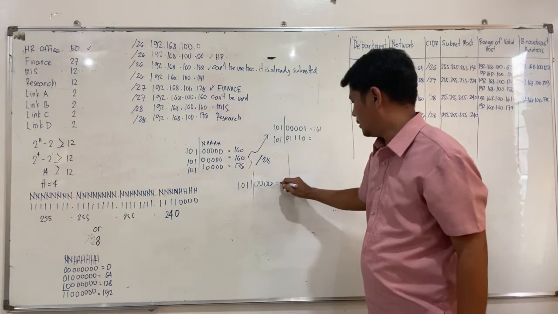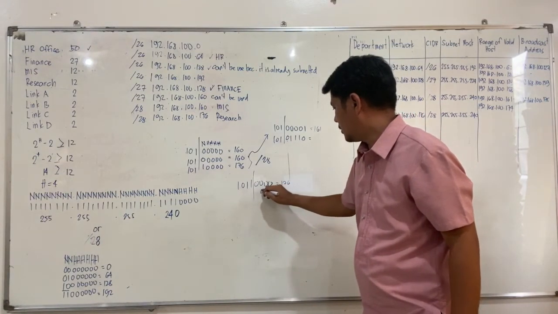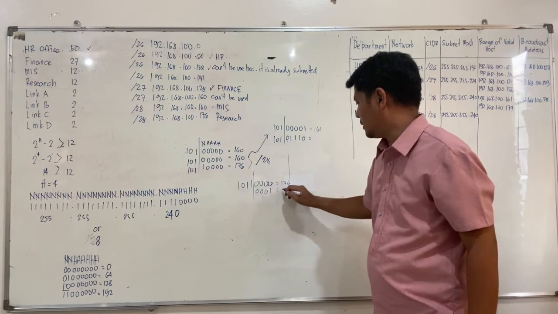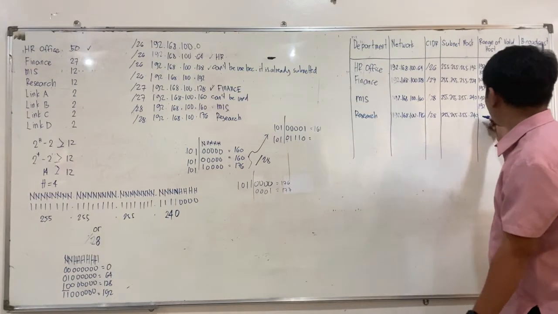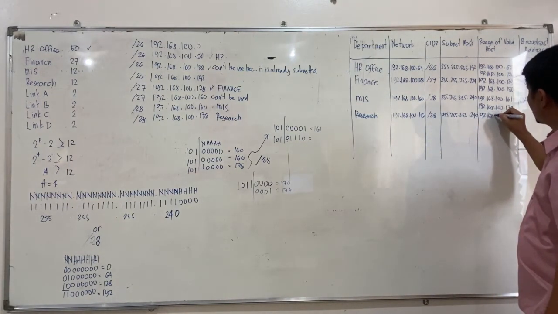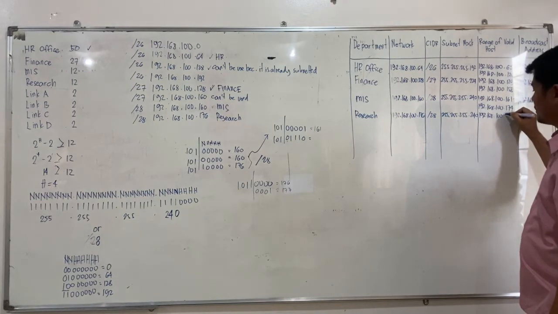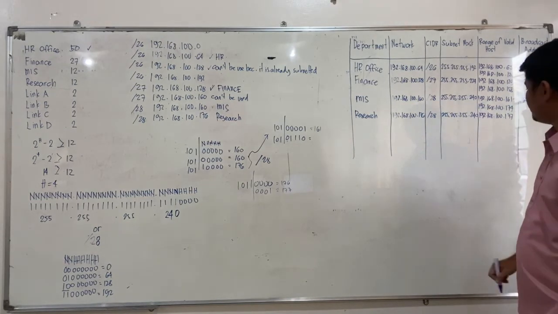This is equivalent to 176, assigning 1 to the least significant bit, that is 177. Our first valid host therefore is 192.168.100.177.